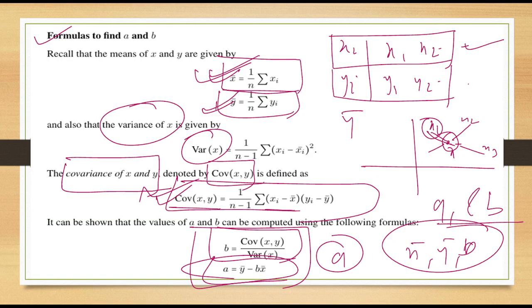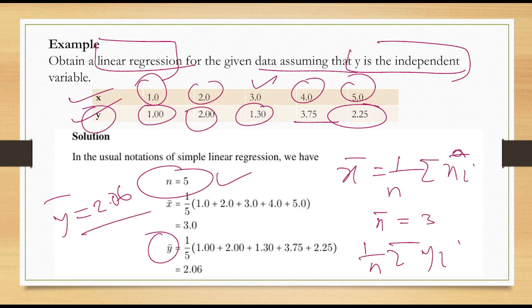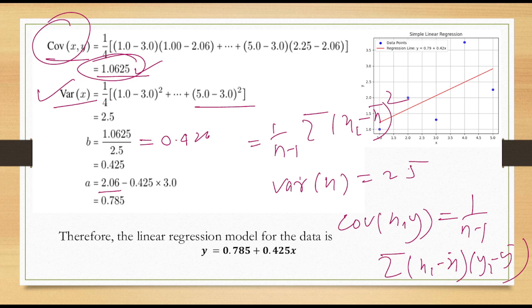If you see the formula, a equals y bar minus b times x bar. The y bar value here is 2.06, so put 2.06 minus the b value 0.42 into x bar equal to 3.0, and the resultant value will be equal to 0.785.